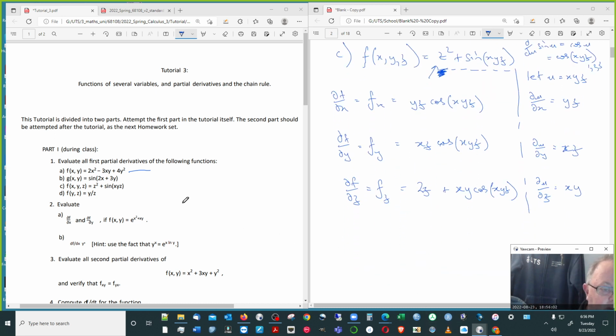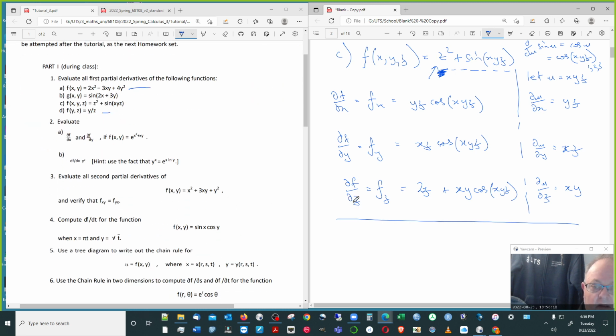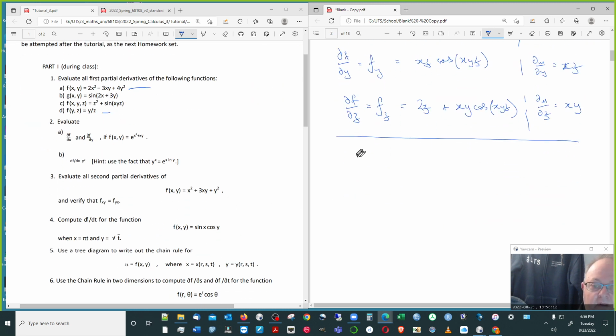So we've got to do this one. So D. For D we've got the function y over z, a bit of an unusual one, but there you go.